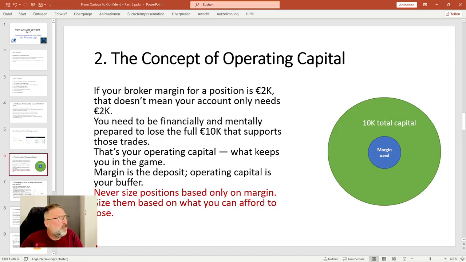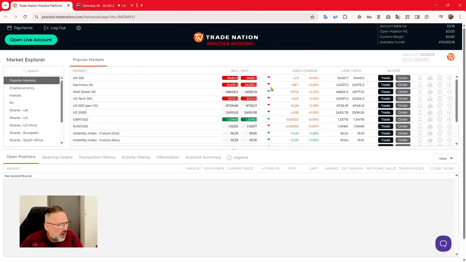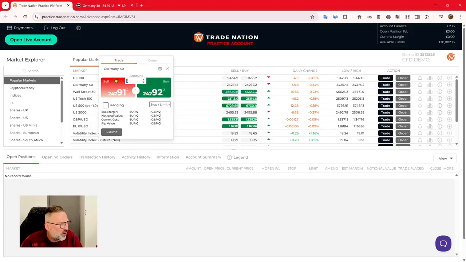So to open up a trade at 5 pounds a point, how much is the margin? Put that in there. Margin requirement is about 607.28 pounds. Yeah? It's probably, no, 527 pounds or 607 euros.